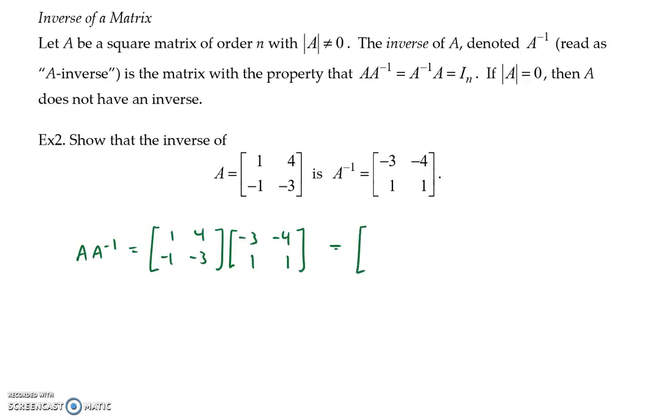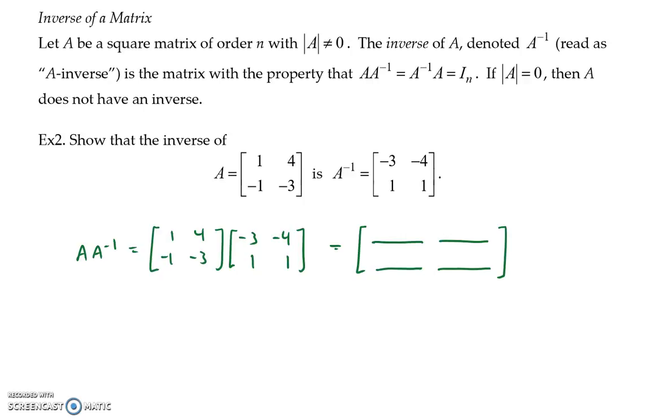And I will show you some of the computations involved just to review the method of matrix multiplication. There are 4 entries. The first entry is found by multiplying the entries in the first row of matrix A with the entries in the first column of the matrix A inverse.